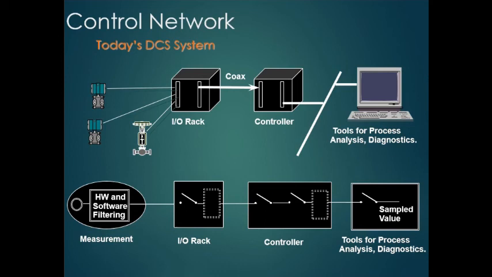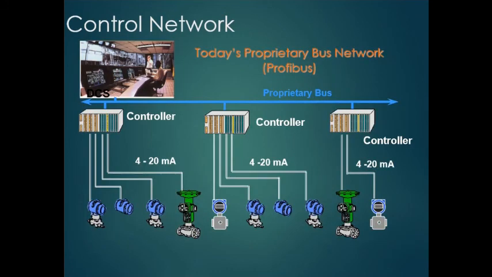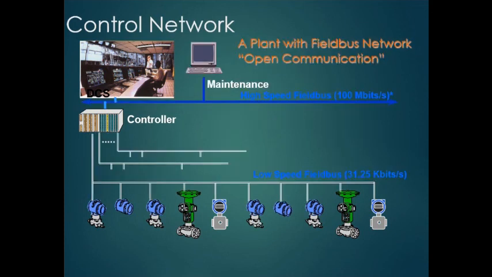In a control room you will find lots of IO racks, controllers and diagnostic kits for evaluation of performance, and tools for process analysis and diagnostics. These DCS or PLC systems have various controllers distributed throughout the plant, and because of this a lot of wiring has been reduced, and ease of operation has been provided for the operators.